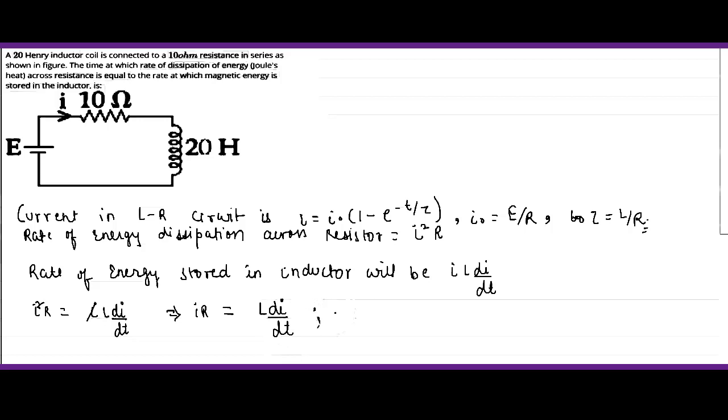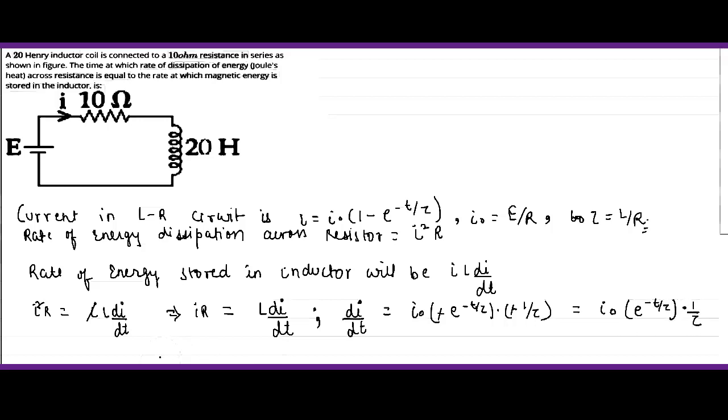Now we calculate di upon dt, which is I naught into minus e to the power minus t by tau into minus 1 upon tau. The minus minus cancels out, so it is I naught into e to the power minus t by tau into 1 upon tau.